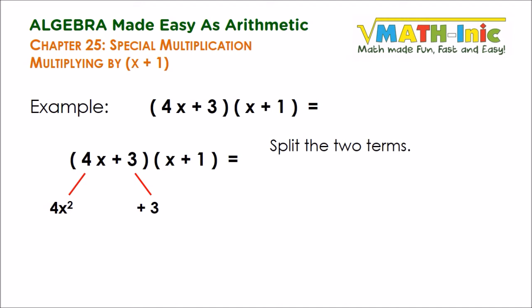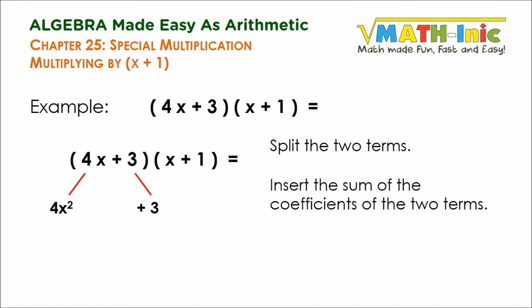So 4x now becomes 4x squared. And then we insert the sum of the coefficients of the two terms. 4 plus 3 is 7. So 4x plus 3 times x plus 1 is equal to 4x squared plus 7x plus 3.